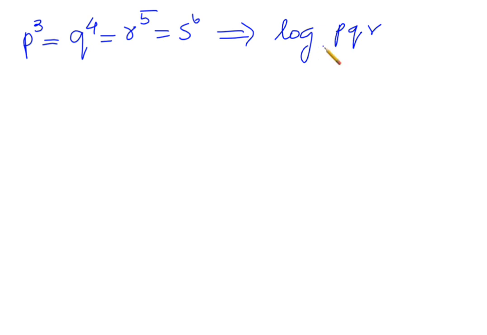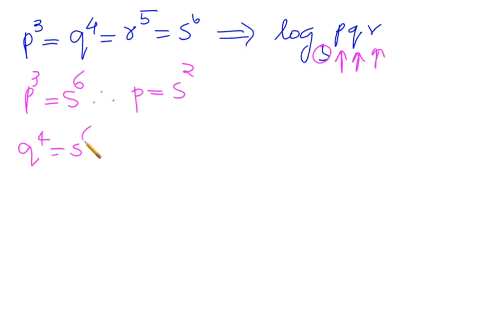Now in this case, how will you do it? Your hint over here is that the base is s, so let's write all of them in terms of s, which means p cubed equals s raised to 6. Therefore, p equals s squared. Similarly, q raised to 4 equals s raised to 6.